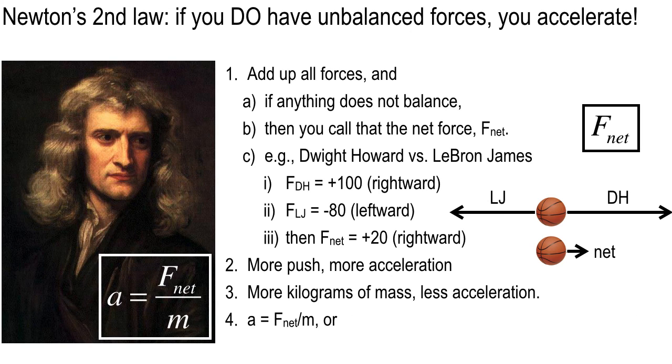So the formula that encodes all that, concepts 1 through 3, is this one: the acceleration is the ratio of the net push force, or the net pull, divided by the number of kilograms. a equals F net divided by m.